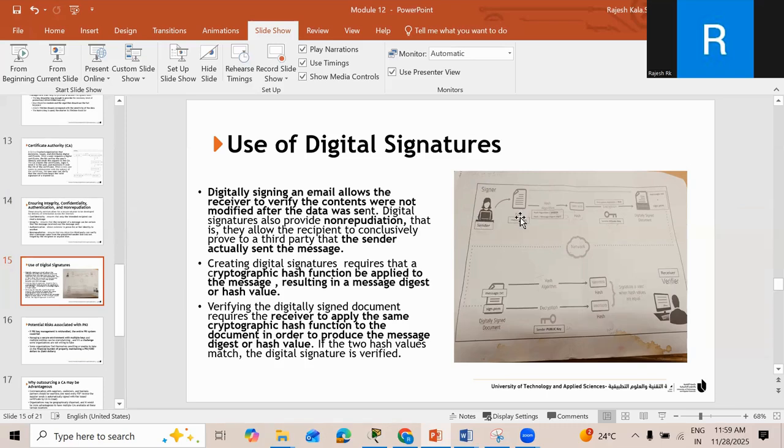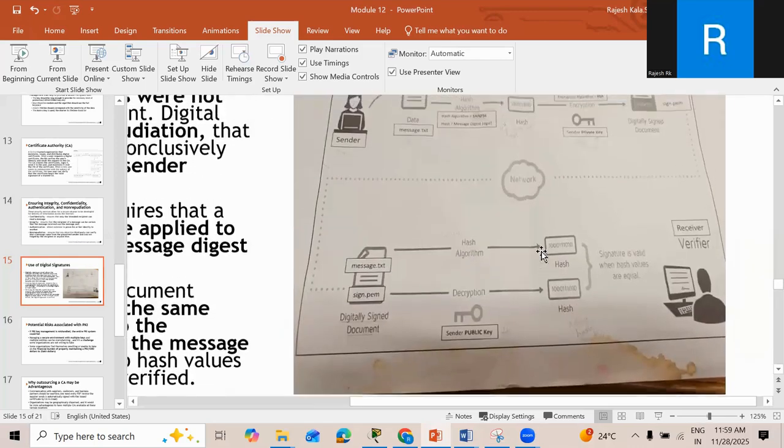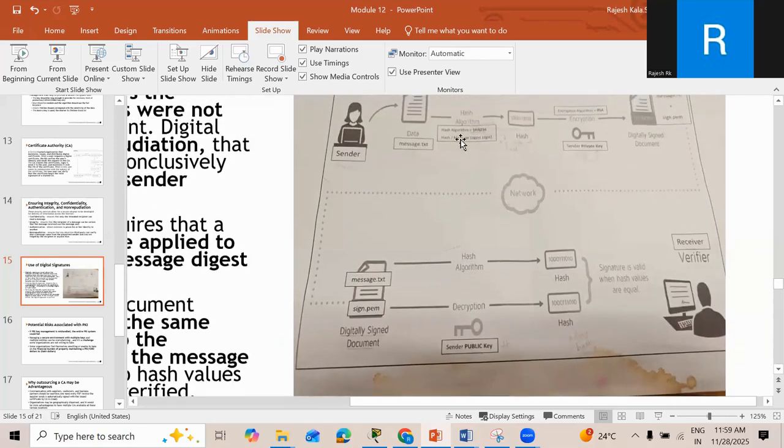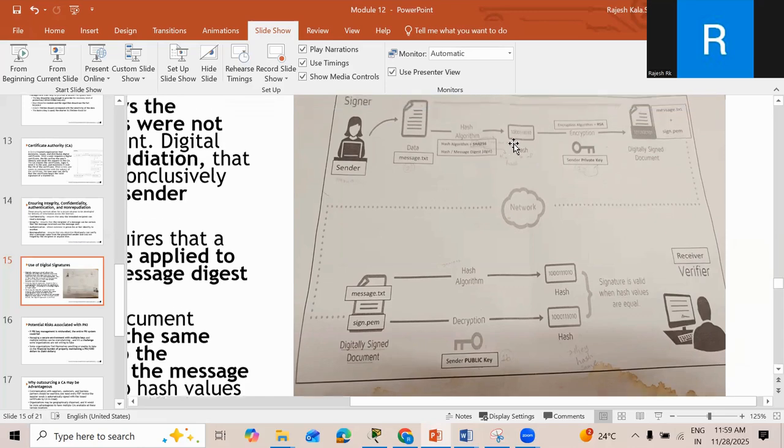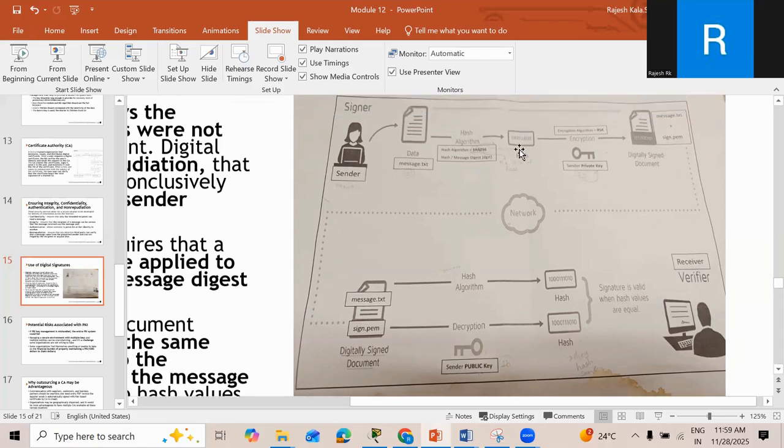That message will be given to a hash algorithm, like a secure hash algorithm. It will generate a hash or message digest. What is that hash or message digest? It's a random text generated from the actual message, and this is called a hash.